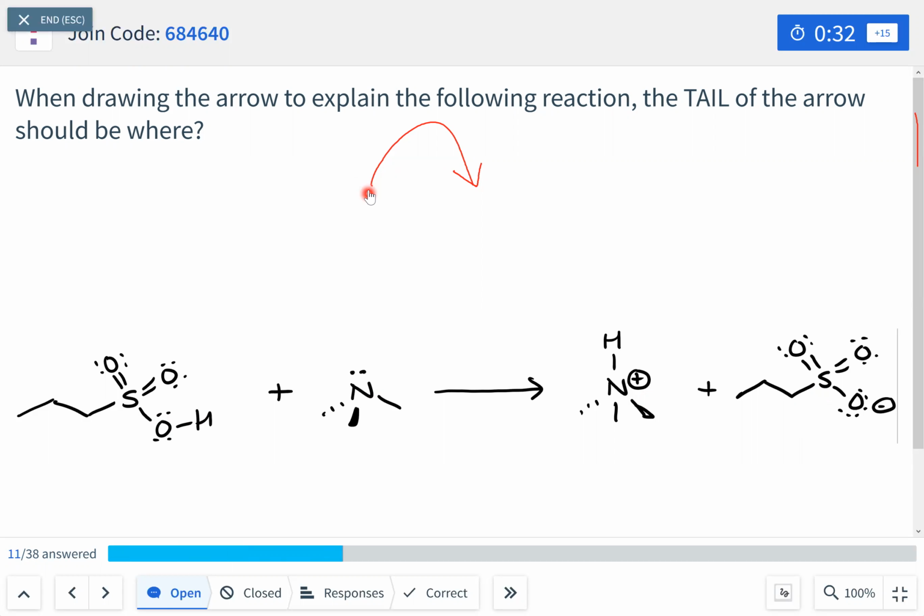So remember, the tail should be on the nucleophile, because the pointy end will be on the electrophile.